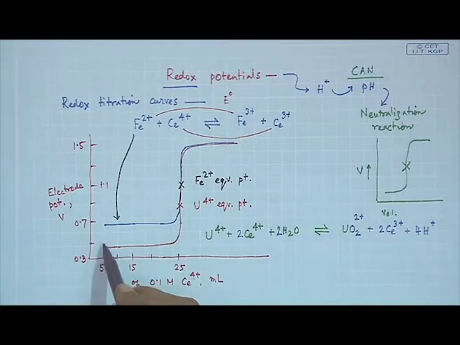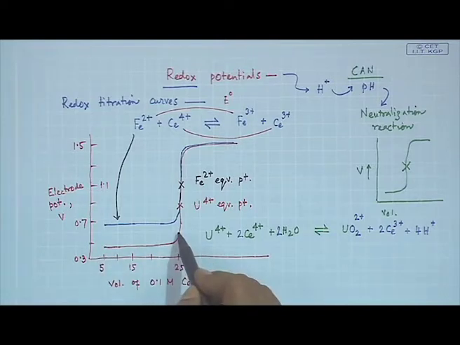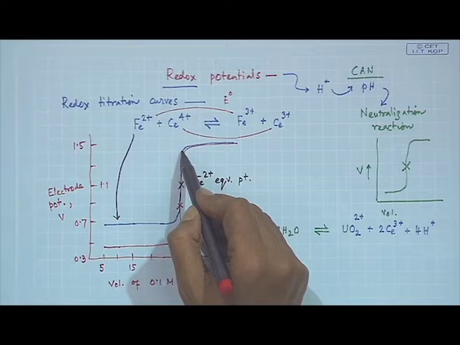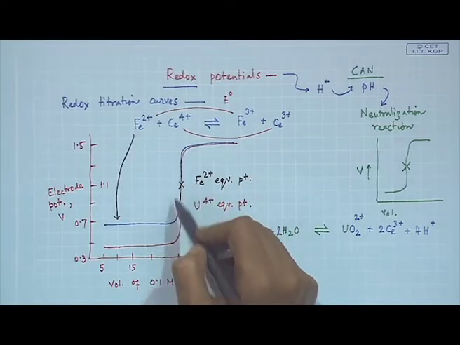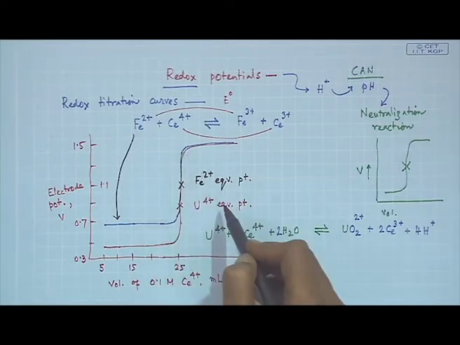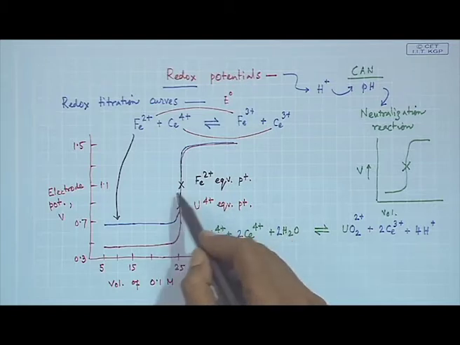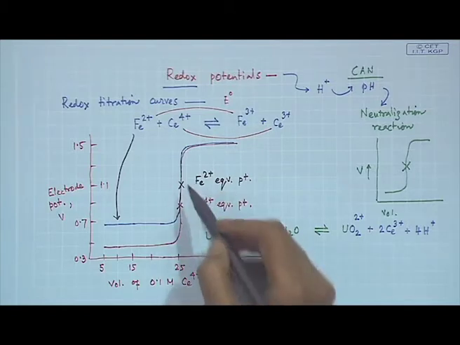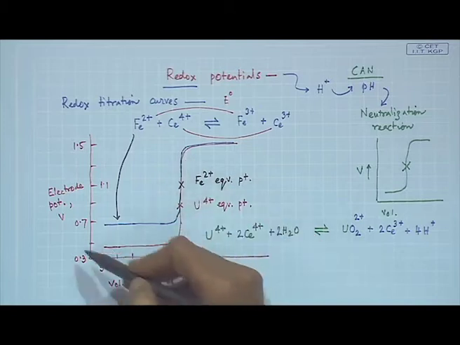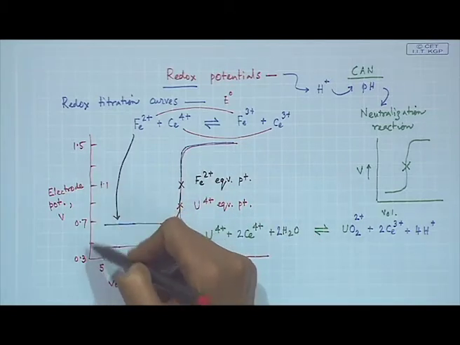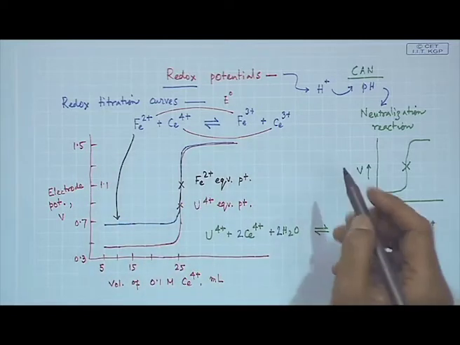So, you change from 0.5 here to 1.4. So, there is a sudden shoot up of the E value when we reach the endpoint. So, in the midway you have the equivalence point, but this whole range is for changing the potential of the cell from say 0.4 to 1.4 volt.